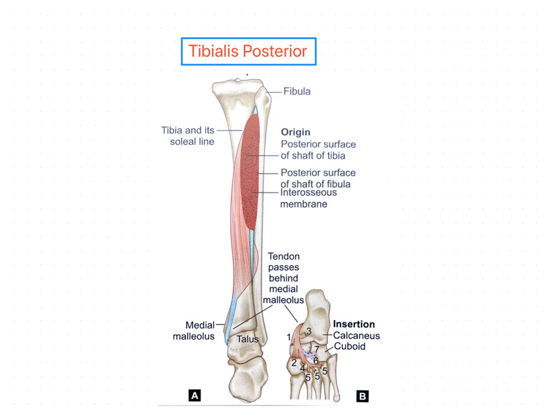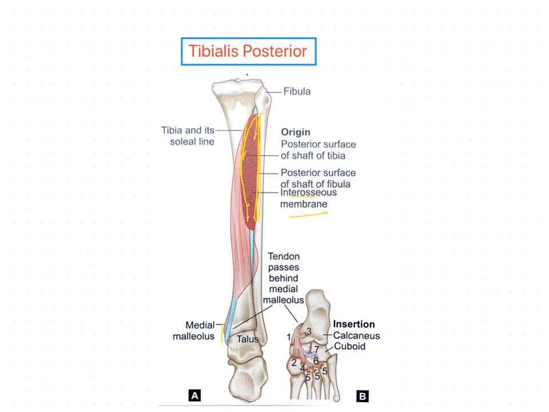The tibialis posterior muscle originates from the lateral half of the posterior surface of the tibia below the soleal line, the medial half of the posterior surface of the fibula, and the posterior surface of the interosseous membrane. This is the origin.